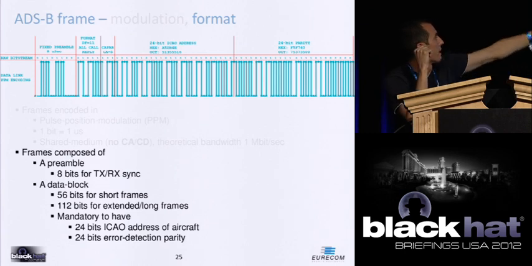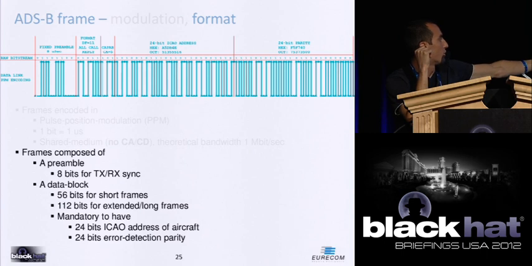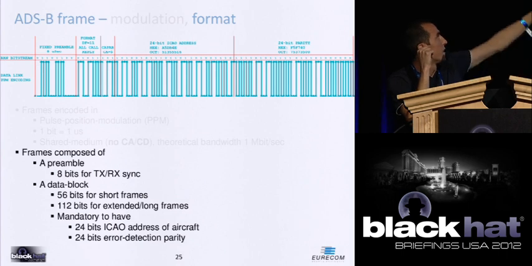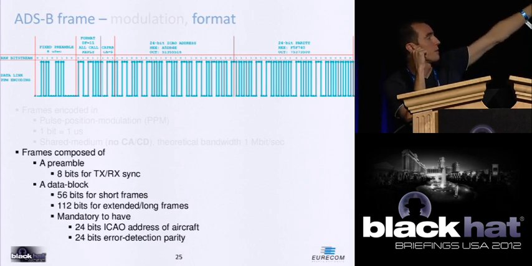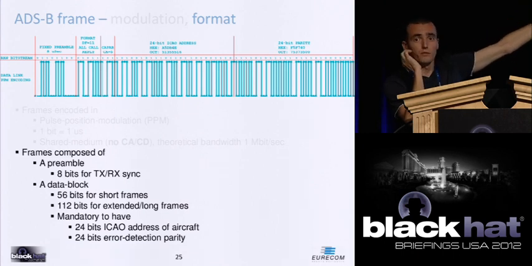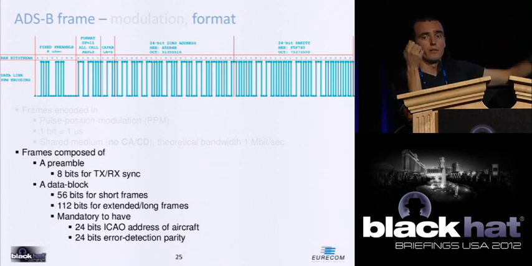Then follows the data block, which can be 56 bits or 112 bits. Both of these formats, long or short, must have a 24-bit ICAO address, meaning International Civil Aviation Organization, and they assign unique addresses to each of the airplanes, which are globally registered.